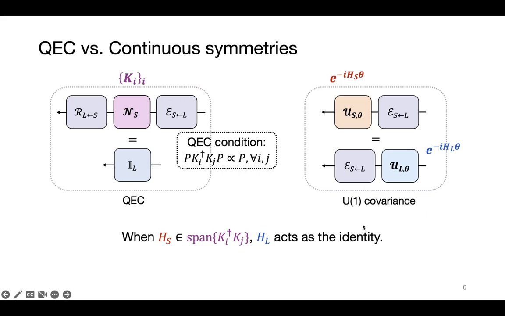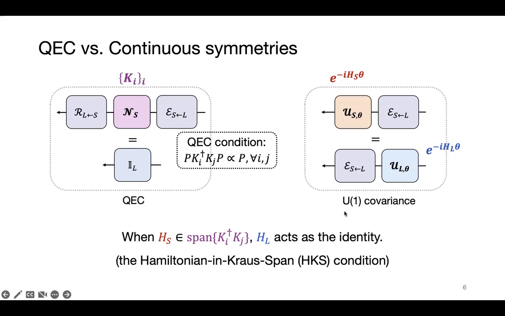However, we don't want a trivial symmetry operation on the logical space. So if we assume that HL acts non-trivially in the code subspace, then this condition must be violated. So basically, this condition, which we call the Hamiltonian-in-Kraus-span condition, is a sufficient condition to help us determine the non-existence of exact error correcting and covariant code.